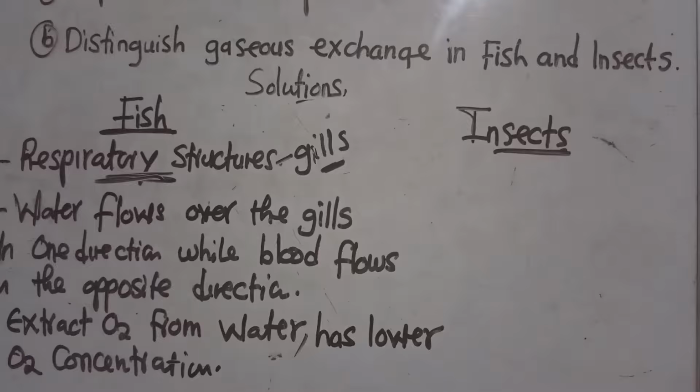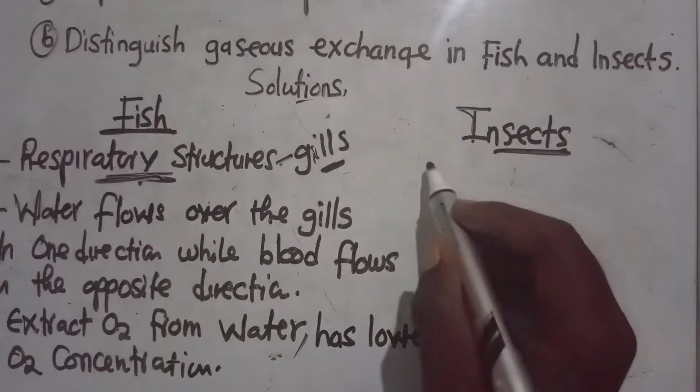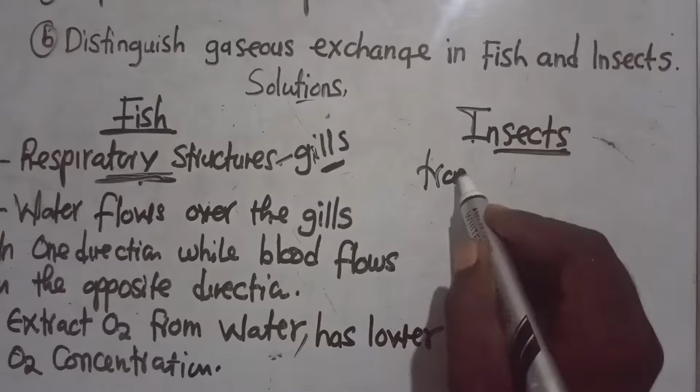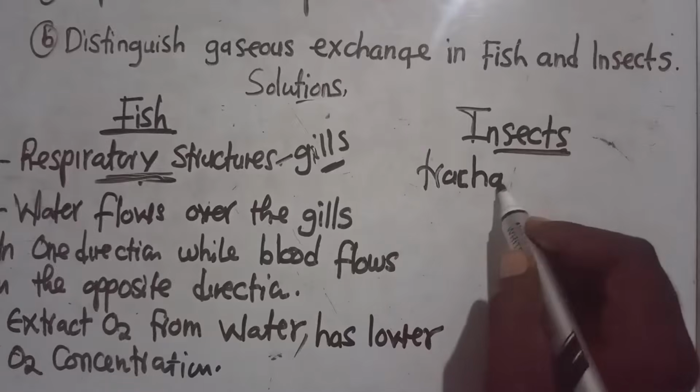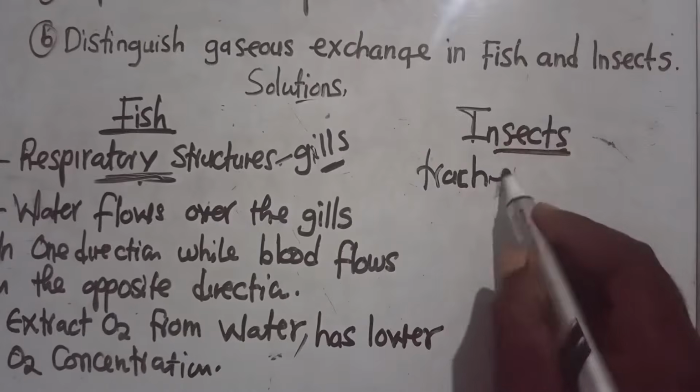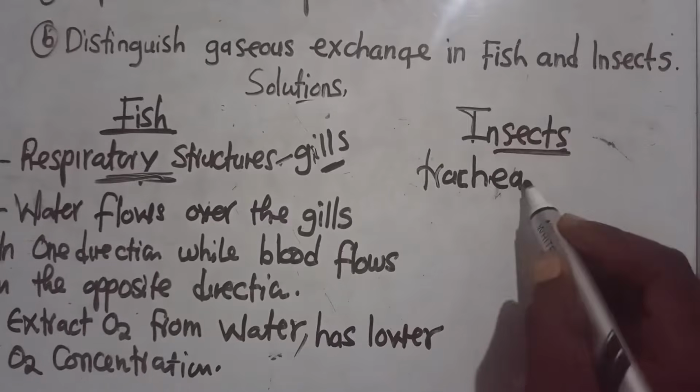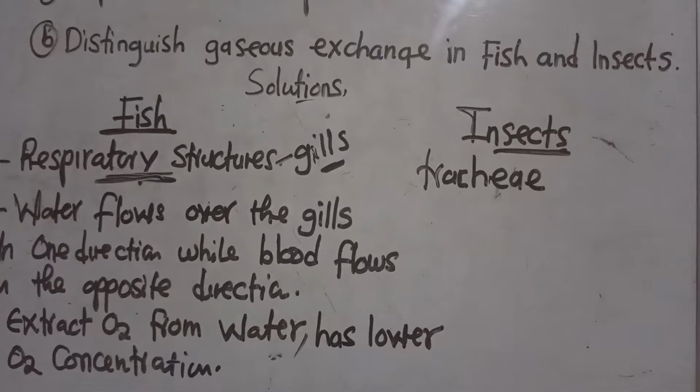The respiratory structure in an insect, you discover that insects use a network of tracheae. So this is what you need to understand. It uses the network of trachea, I guess this is how the spelling is, if I'm not mistaken.